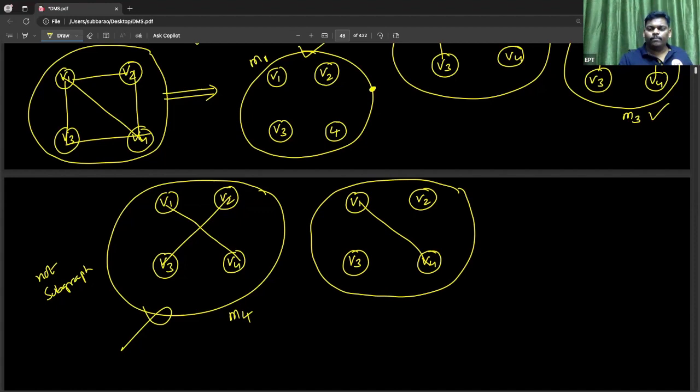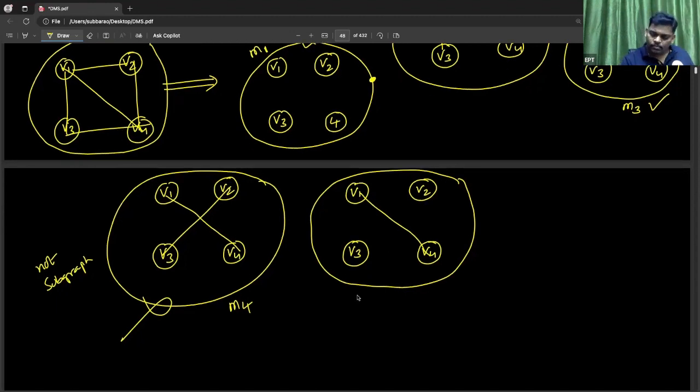Is it a subgraph? Yes. And one more: every vertex degree is maximum 1. Someone is saying it is not present. This edge is present, V1 to V4 is present. So I think it is a matching. M5 is a matching.